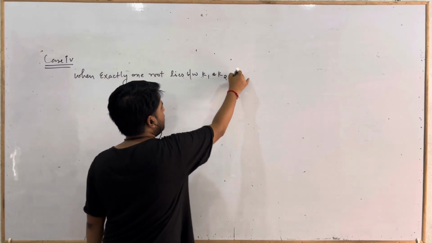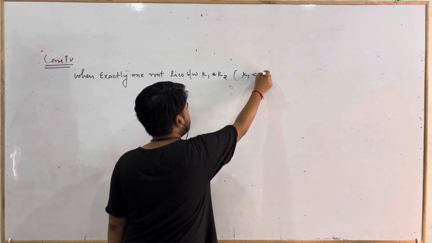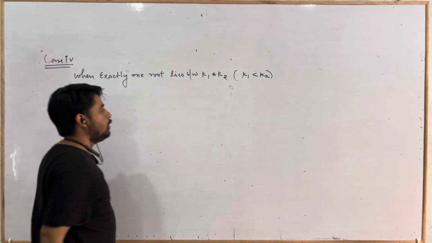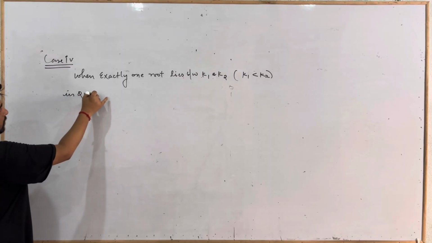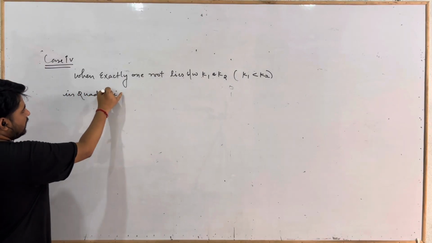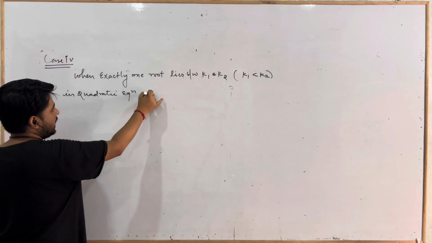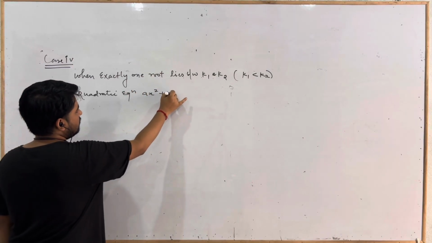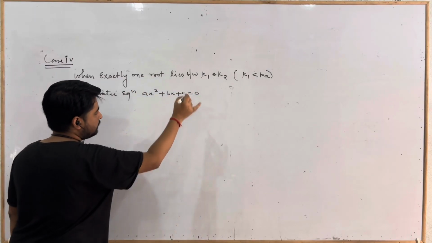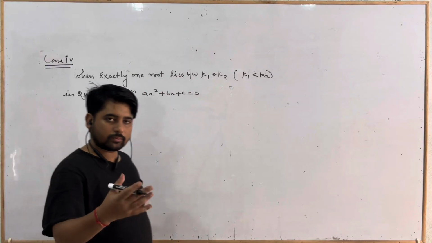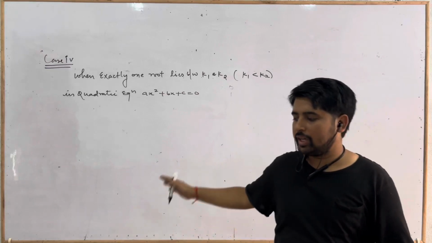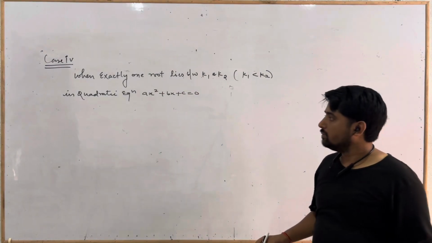I am saying that k1 is less than k2. In the quadratic equation ax square plus bx plus c equal to 0. So the very first thing, according to the condition, I will make the graph, right?